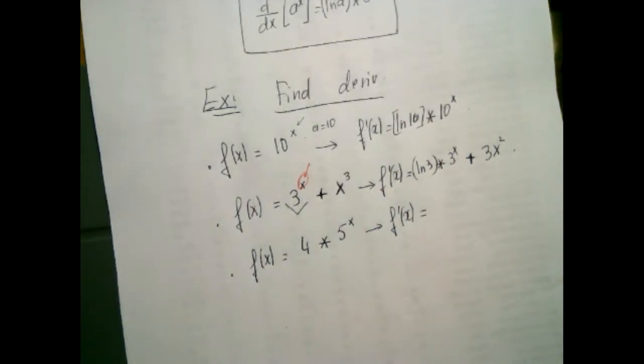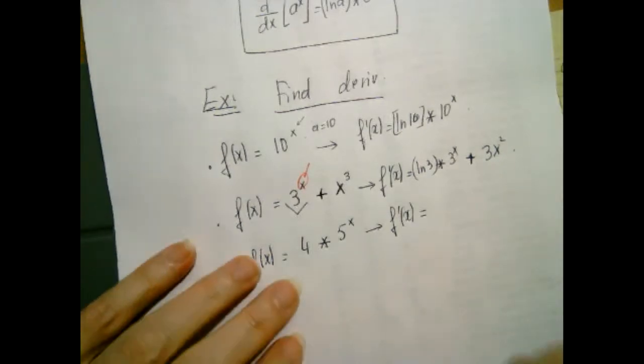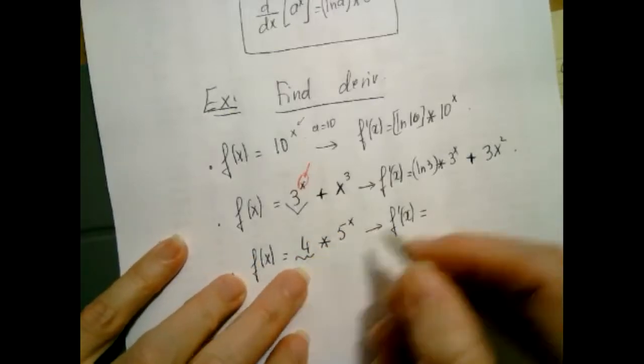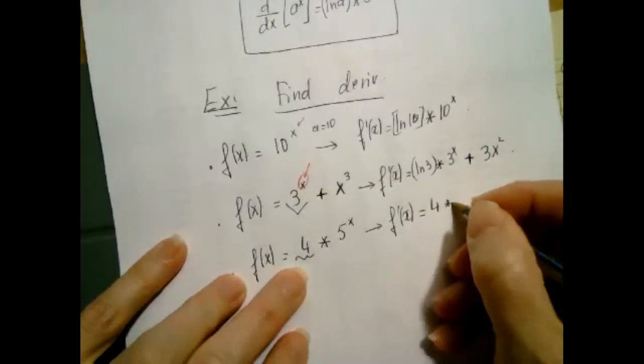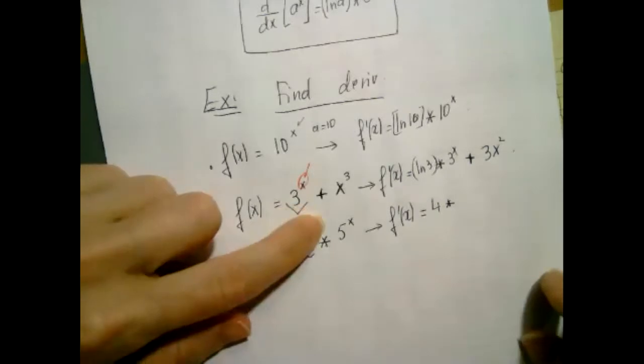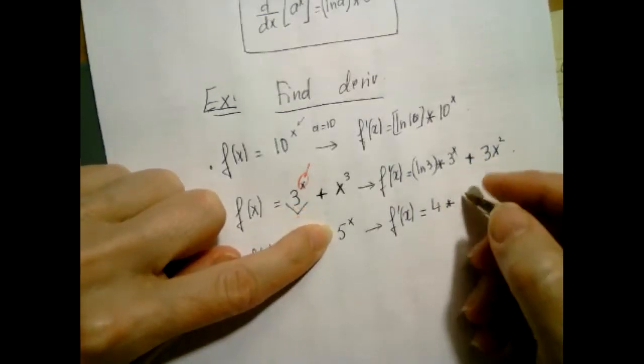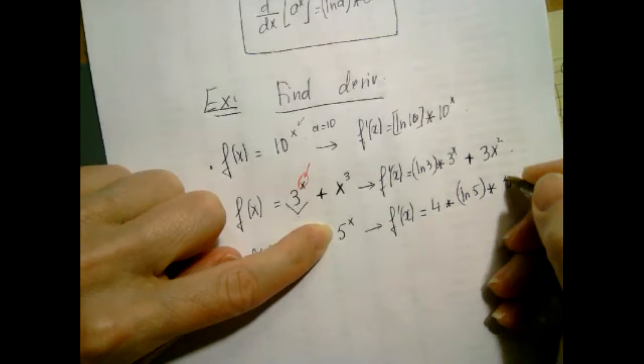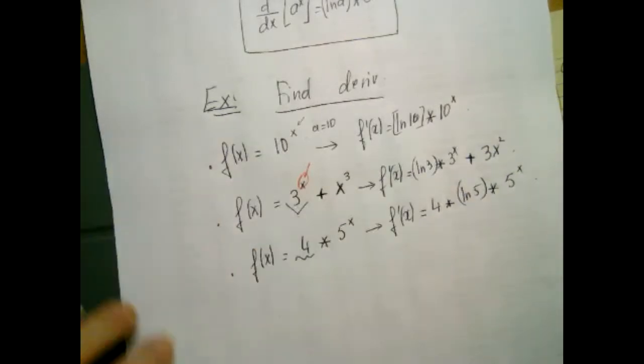Okay, you're missing one thing. It's 4, that's a constant. We drop it, times the derivative of 5 to the x, which is ln of 5 times 5 to the x.